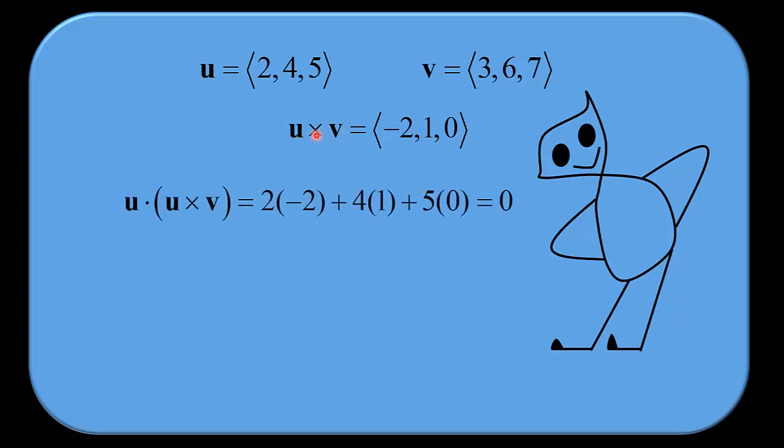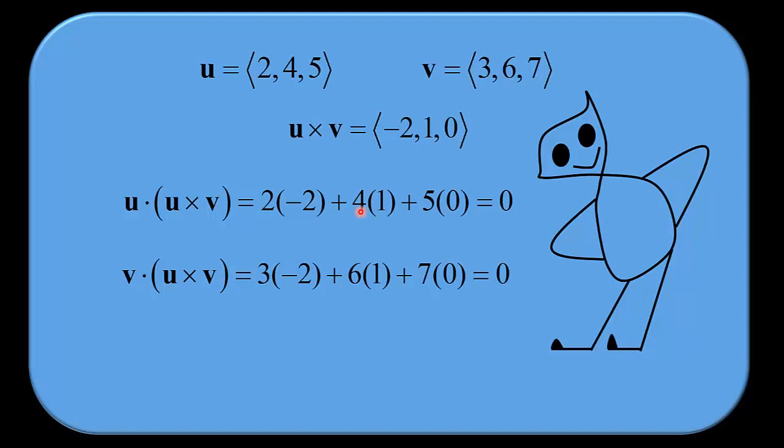Let me do a dot product of u dot u cross v. Well, now notice how we do the dot product. 2 times negative 2, right there, plus 4 times 1, plus 5 times 0. There it goes. Now notice this is just going to be 0. Negative 4 and positive 4, that's 0, plus 0.